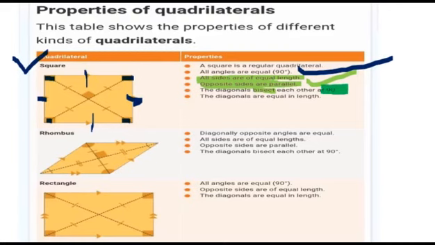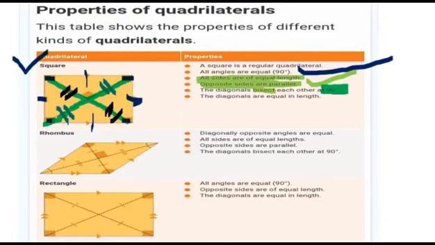Whenever two diagonals, these are its two diagonals, they intersect each other, the first thing they do is they bisect. Bisect means dividing into two equal halves. That is, this part is equal to this part. So the diagonal is getting bisected into two equal halves, as well as this part and this part of the diagonal, they are also equal to each other.